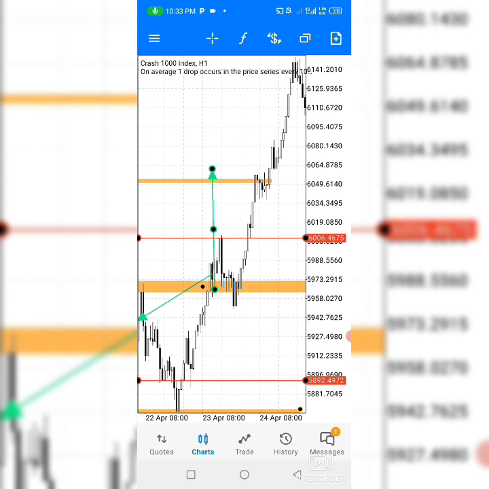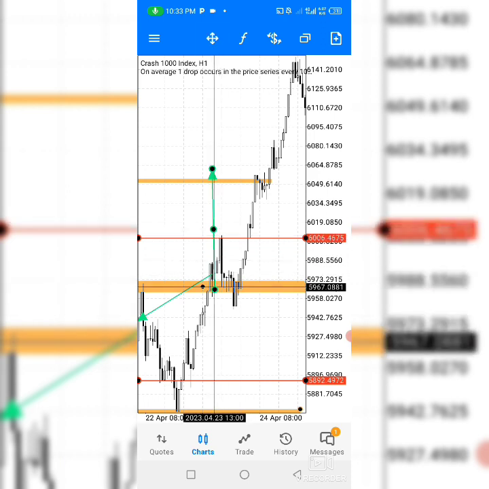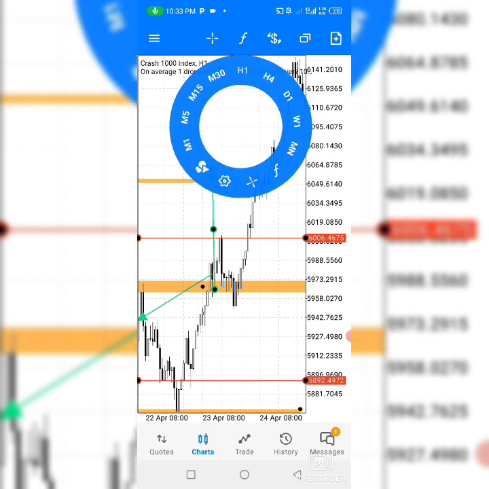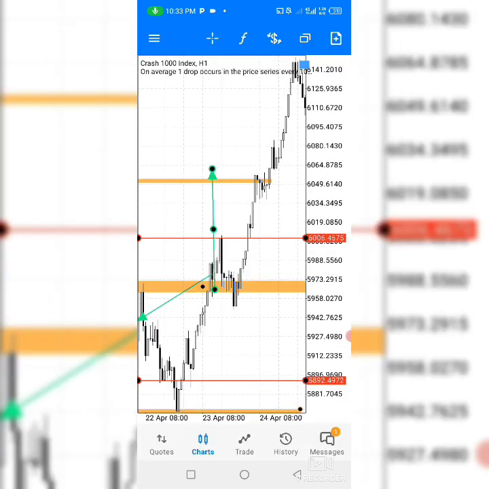Okay, so the first attempt, because a breakout has to happen and then a retracement has to occur. That retracement is reflection.